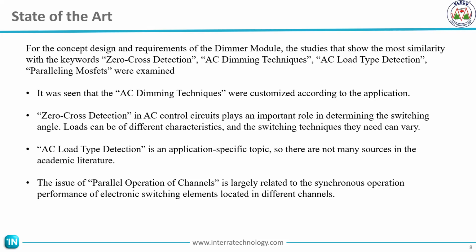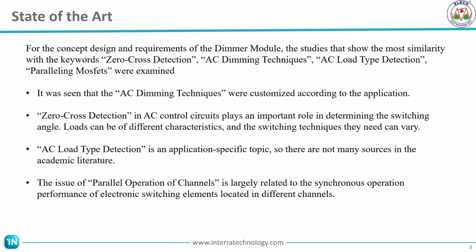Loads can be of different characteristics, and the switching techniques they need can vary. AC load type detection is an application-specific topic, so there are not many sources in the academic literature. The issue of the parallel operation of channels is largely related to synchronous operation performance of electronic switching elements located in different channels.